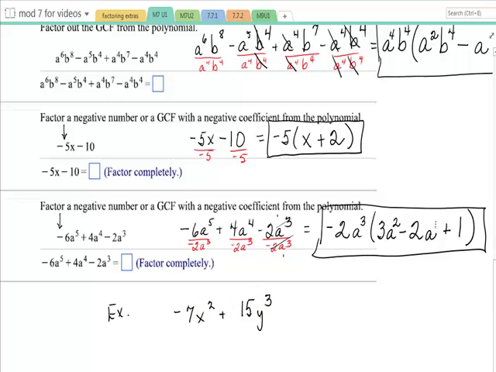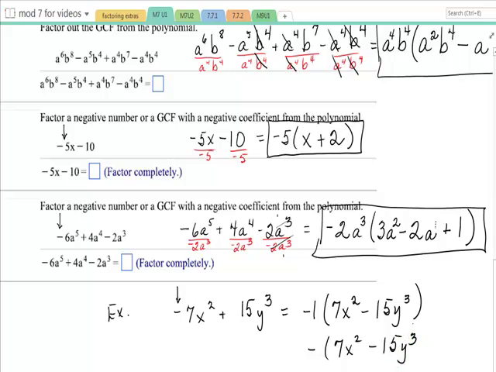That's an x and that's a y. So there doesn't appear to be a common factor. But because of this, I would factor out -1, parentheses. It would change it to positive 7x squared and negative 15y to the third. You could write it like that, or you could just put the negative sign.